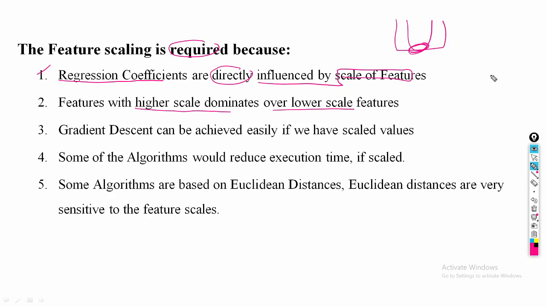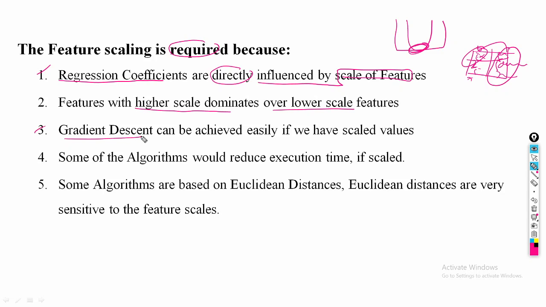If you have two features, experience and salary, experience is a one digit number like 2, 5, 7, while salary may be a 6 digit number like 50,000 or 70,000. So the salary feature, with its higher scale magnitude, will dominate the experience feature. So that's point 3.